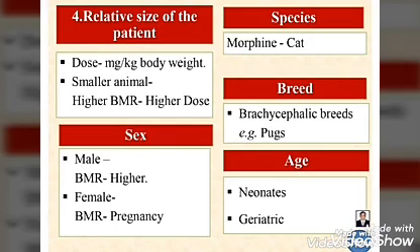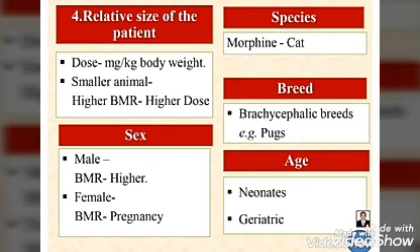And finally, consider the sex of the animal, the sex factor. In males, the BMR is approximately 7% higher than in females. So males require a higher amount of anesthesia as compared to females.